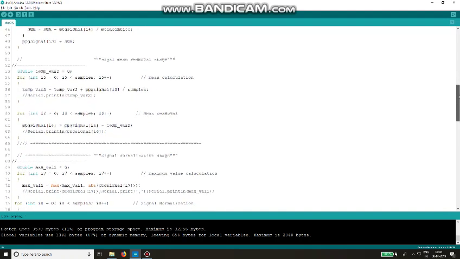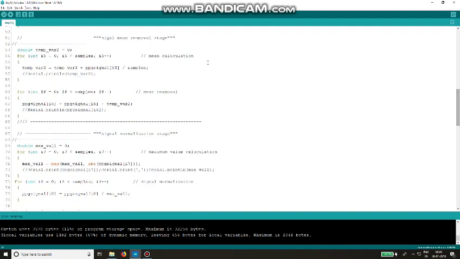Now we have passed the signal through a moving average filter, which reduces some high frequency noise. Now we will remove the signal mean. First we calculate the signal mean, and then we remove it from the signal.